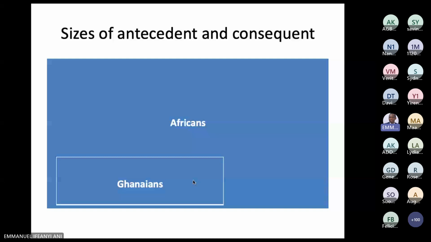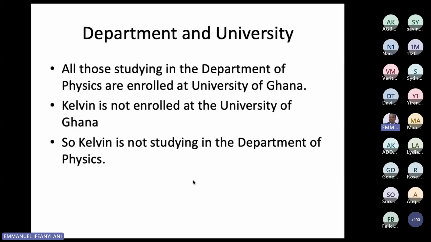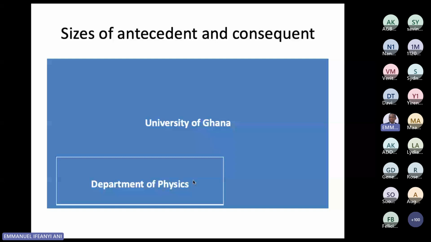Okay, let's look at another example. All those studying in the Department of Physics are enrolled at the University of Ghana. Kelvin is not enrolled at the University of Ghana, so Kelvin is not studying in the Department of Physics. Now, let's imagine that there's a debate about whether Kelvin is in the Department of Physics.